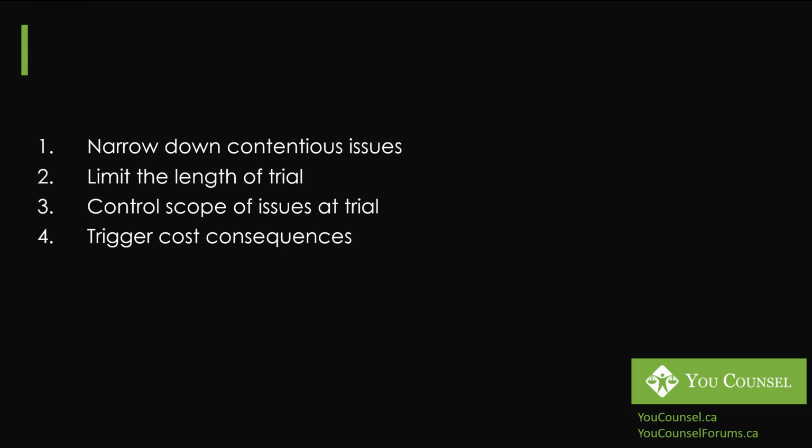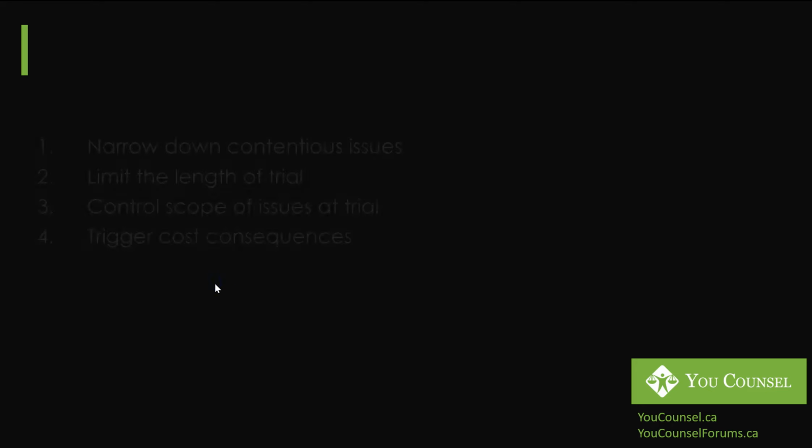So it is very important that you trigger cost consequences by making appropriate requests to admit, because at the end of the day, even if you're successful and you get your damages, it is very important for you to obtain the best cost award as possible, because that is also a significant investment that you've made in your action.